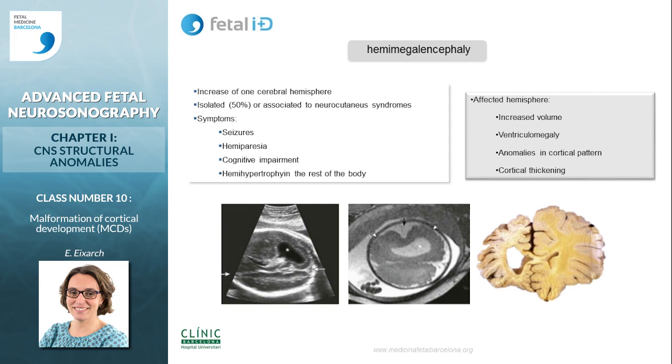It's a severe pathology associated to seizures, hemiparesis, cognitive impairment, and hemihypertrophy in the rest of the body. And how are we going to see it? We can see it through ultrasound or MRI. We will see increased volume of one hemisphere, severe ventriculomegaly, abnormalities in the cortical pattern, and cortical thickening.